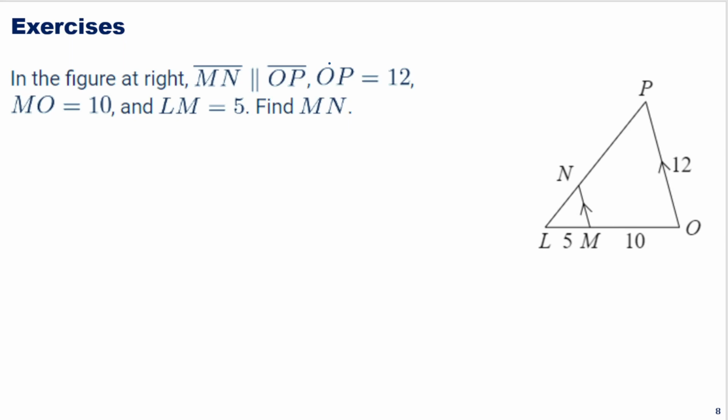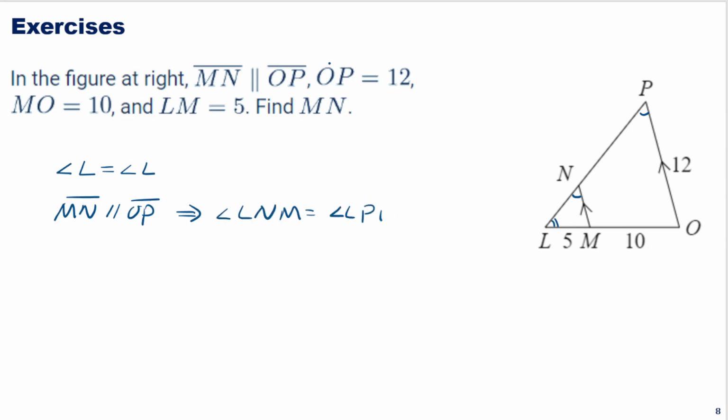Okay, because we have a pair of parallel lines, this angle equals this angle, and they share the same angle here. Therefore, we know angle L equals angle L, and MN parallel with OP gives you angle LNM equals angle LPO. Therefore, we know triangle LNM is similar to triangle LPO, right? Therefore, corresponding sides should be proportional.